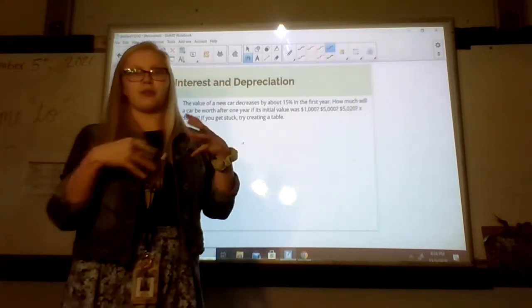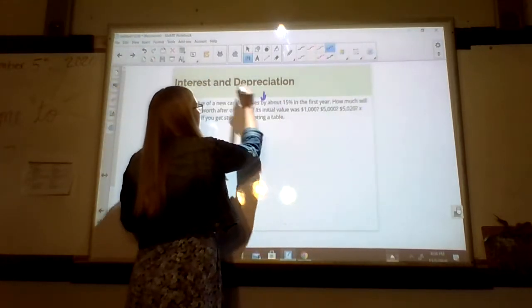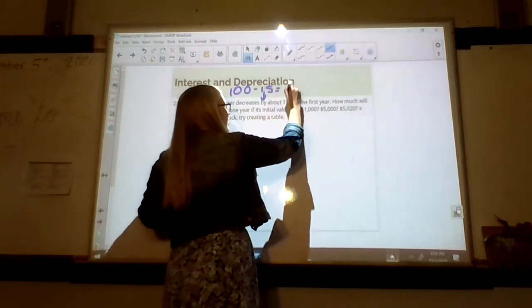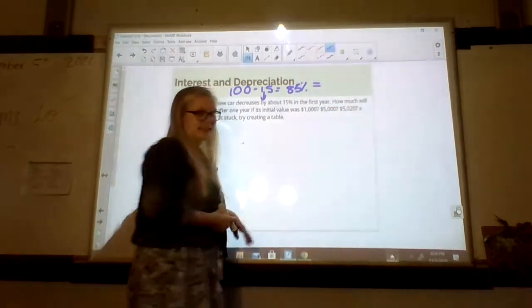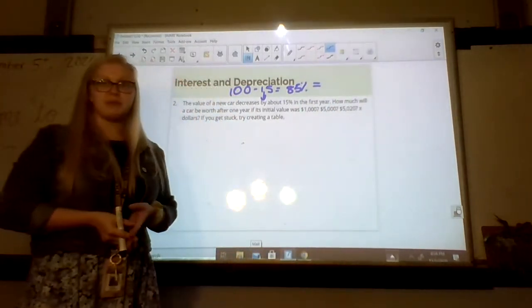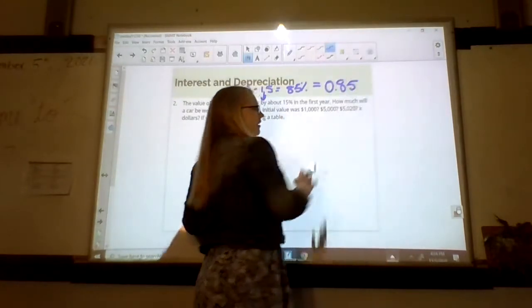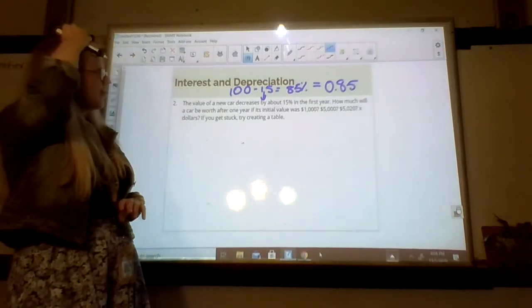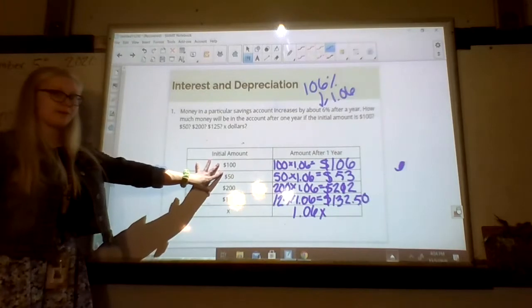Our initial value is 100%, so 100% minus 15% is going to give me 85%. 85% as a decimal, I'm going to take 85 and divide it by 100, and I'm going to get 0.85. Beautiful.